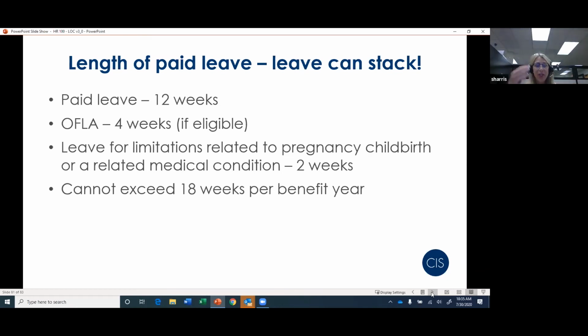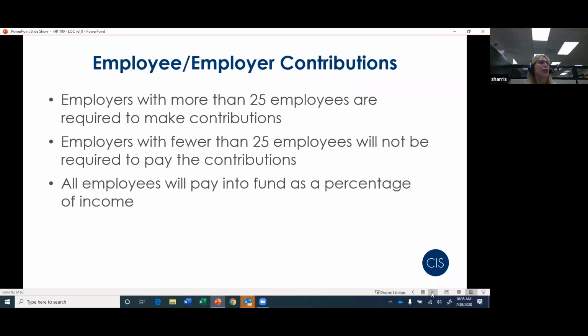So here we have the stacking that could get up to a grand total of 18 weeks of benefit in a year. I think most of your administration is going to be managing the 4 weeks of non-paid OFLA leave and the 12 weeks of the paid leave, so potentially looking at 16 weeks of leave for an employee under this particular law.